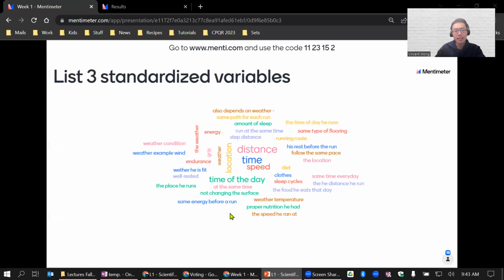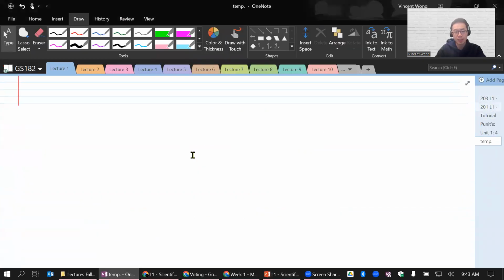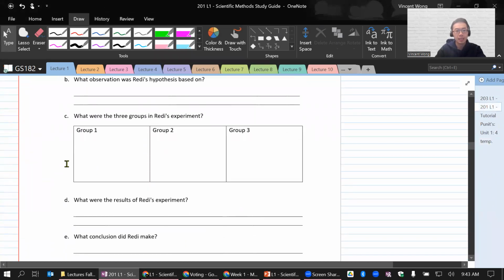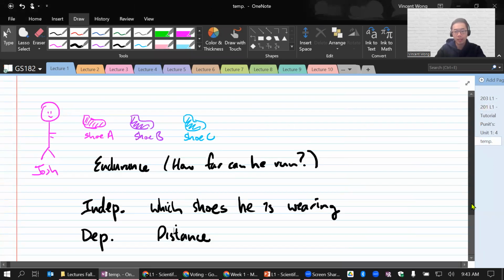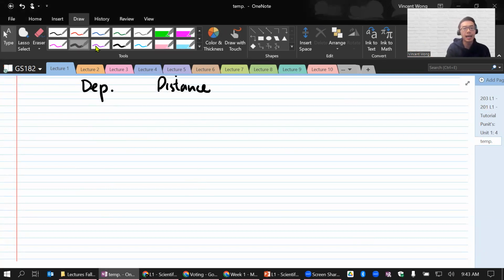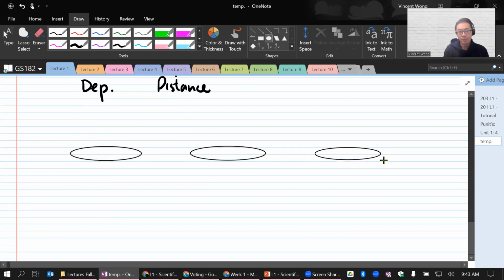Okay, so let's take a look at what he did to test the hypothesis. Actually, you know what, we'll just write it down on a note over here. Okay, so he basically had 3 setups. So there were 3 jars.